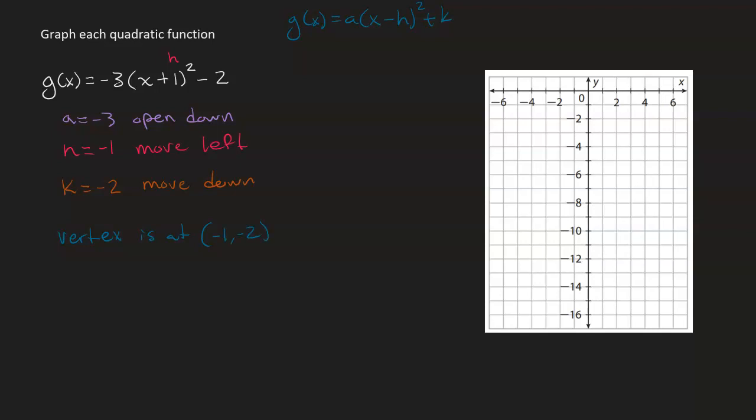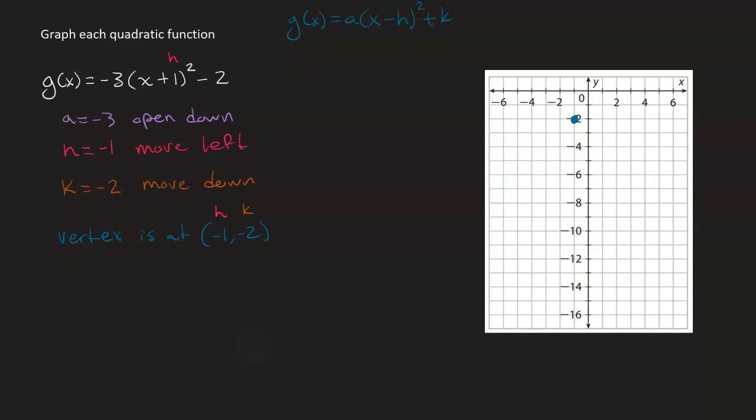Because remember that your vertex is your h value and your k value. So again, right away, just looking at the vertex form, we can pick out the vertex. So our vertex is at -1, -2. I can go ahead and plot that on my graph. So I go over -1, down 2 units.